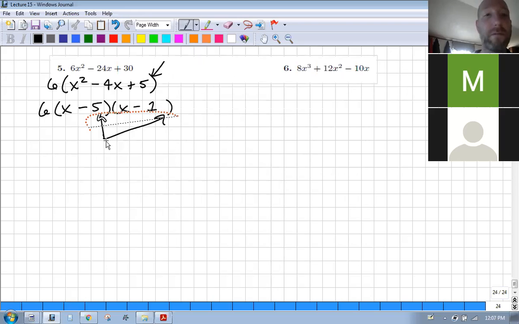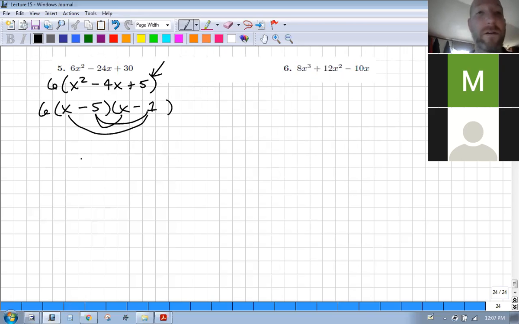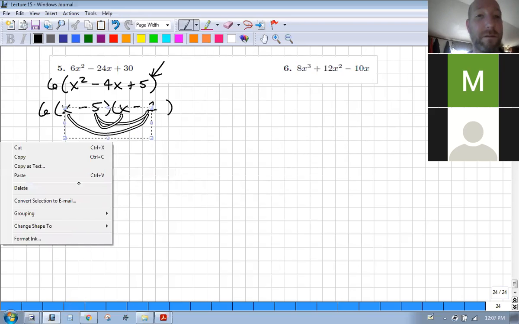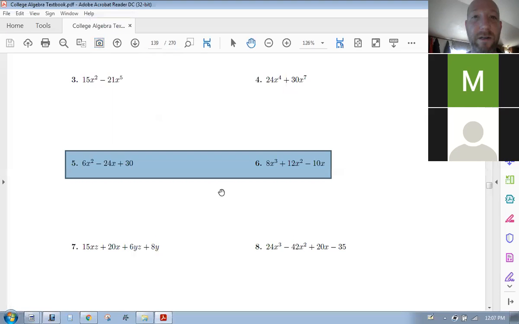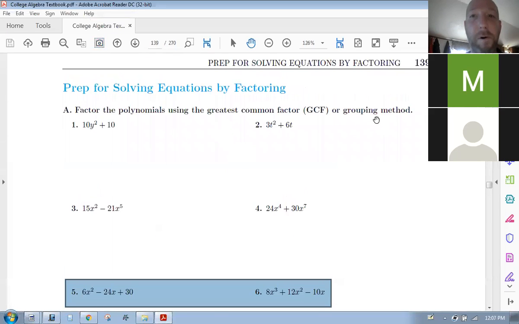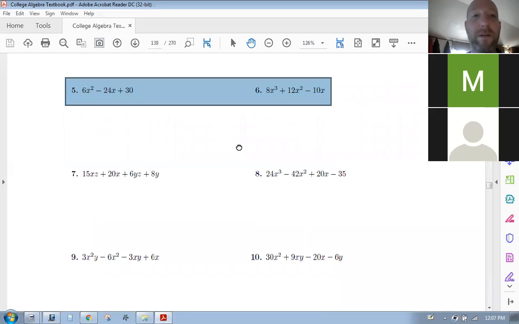No, that's not going to work. That would give us a +5, but we'd have a -5x and then another -x. So let me check the instructions here, if they want us to factor these yet or not. Or grouping method. Okay.